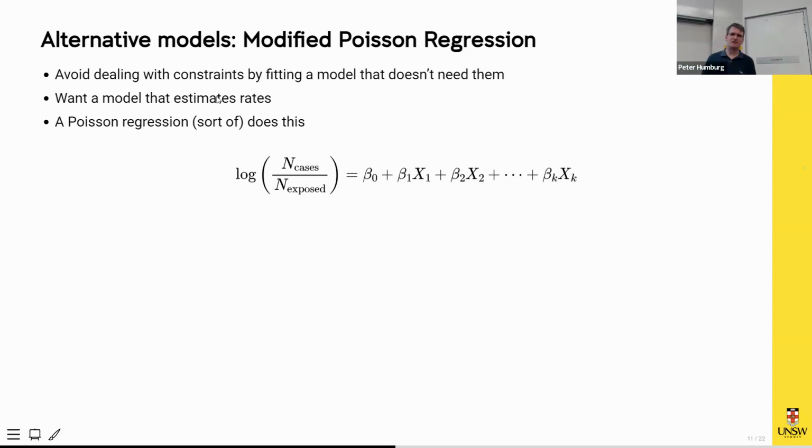You might wonder, how is Poisson regression the thing to use here? Because if you know anything about Poisson regression, then you know that's a model that you use for count data, right? And we aren't really dealing with counts here. We're interested in rates. So what's going on?